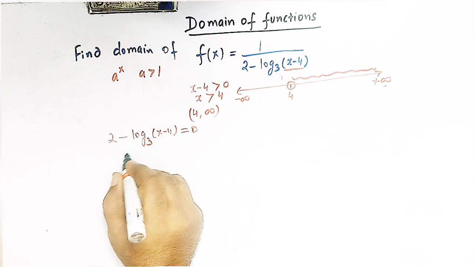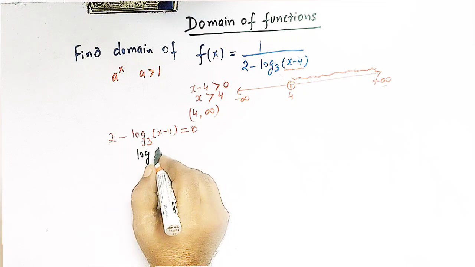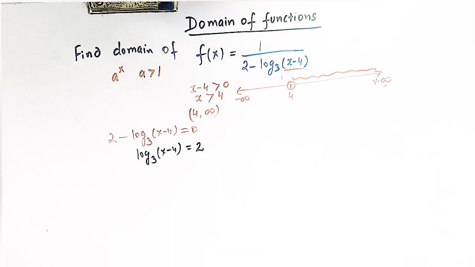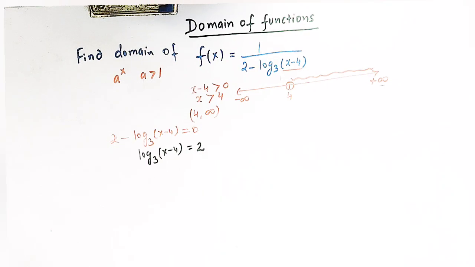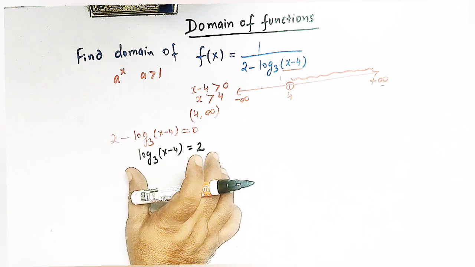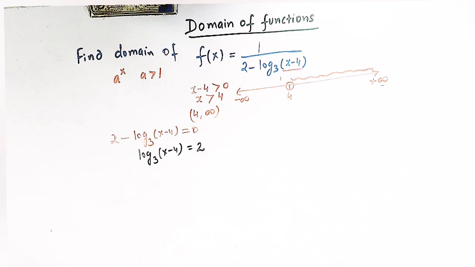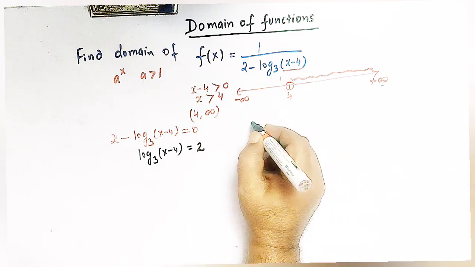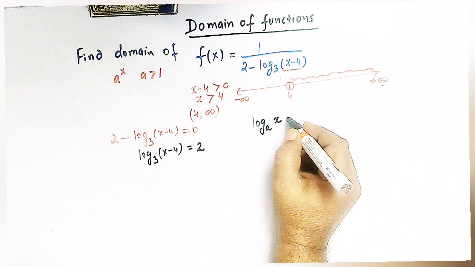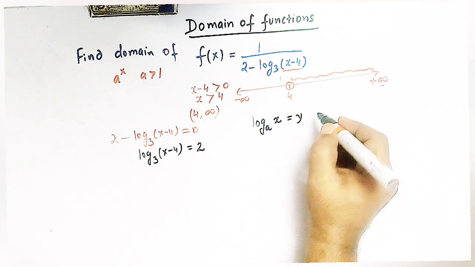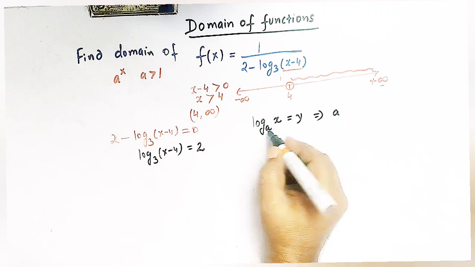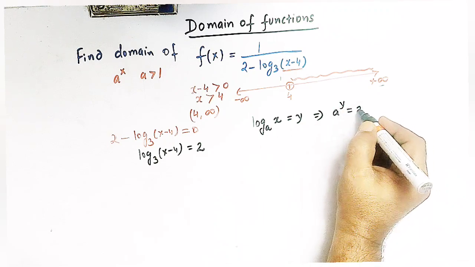We can write this equation as log of x minus 4 to the base 3 is equal to 2. To solve it, we'll make use of the definition of logarithms. If we have log of x to the base a equal to y, then this is equivalent to a raised to y equal to x.